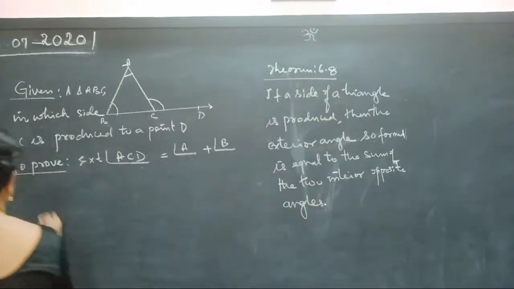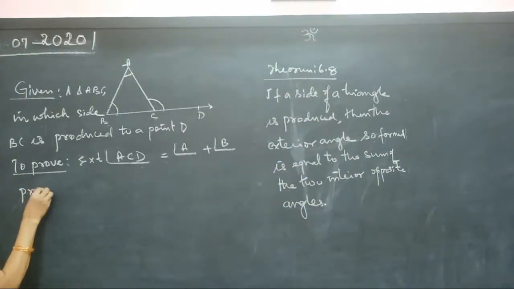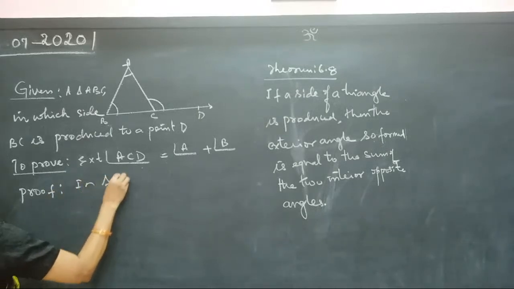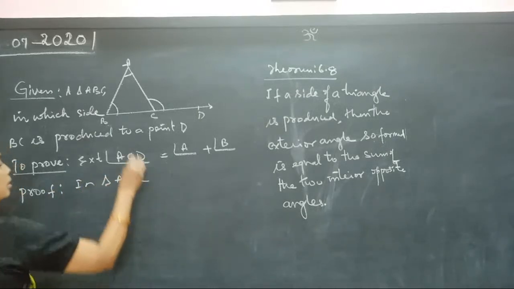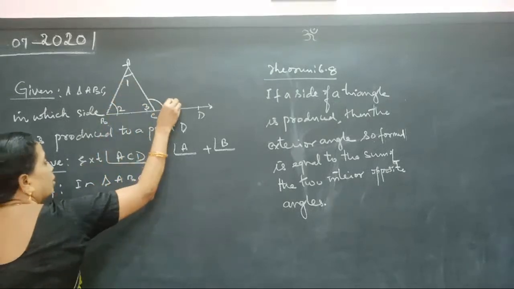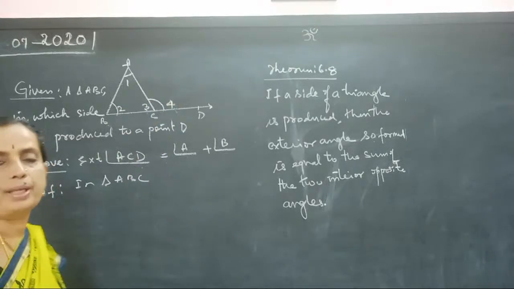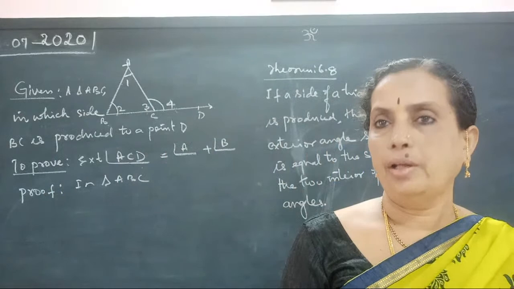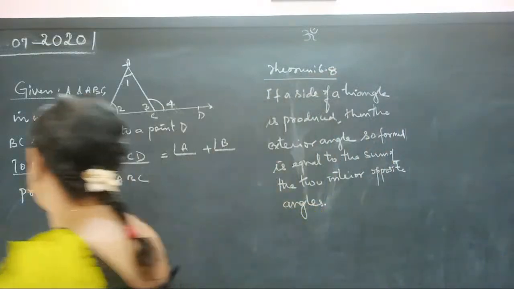Proof. In triangle ABC, I'll name this 1, 2, 3. In the textbook itself, they make use of these angles so that you can easily recall the theorem part.